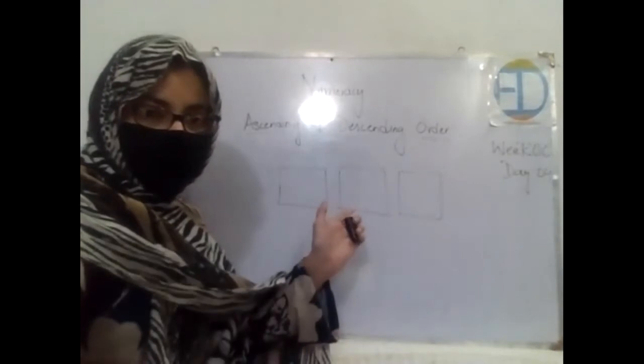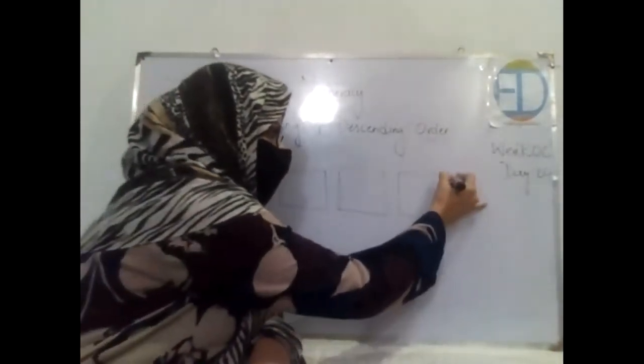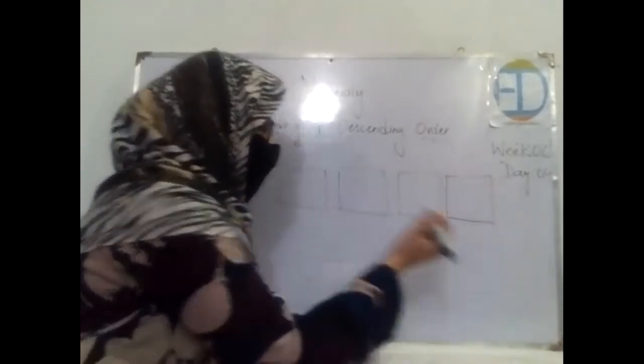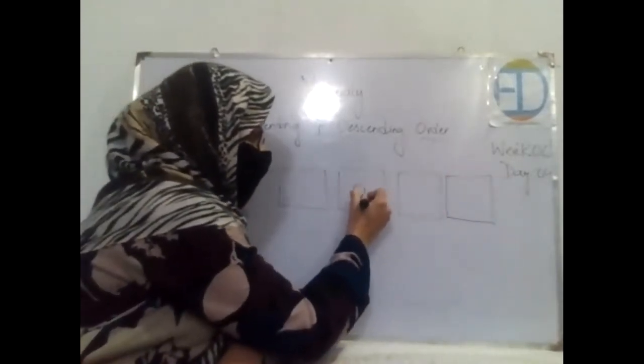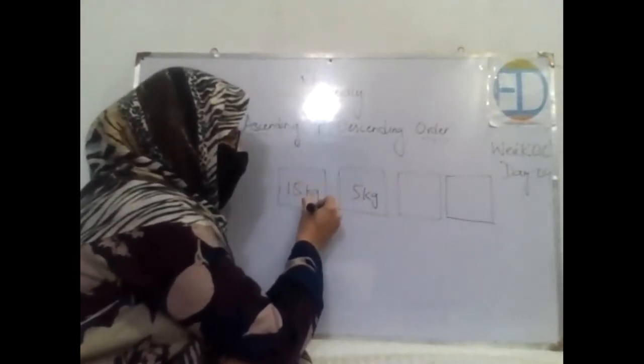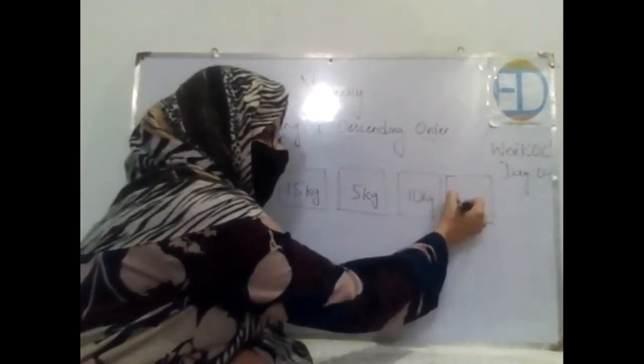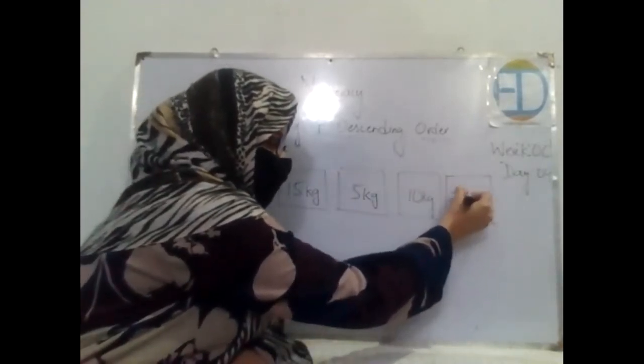Here I am making boxes for you, and the boxes are of different weight. This one is 5 kgs, this is 15 kgs, this is 10 kgs, and this is 20 kgs.